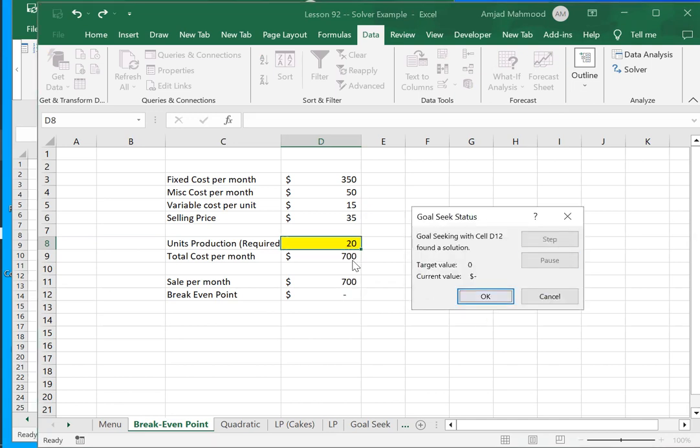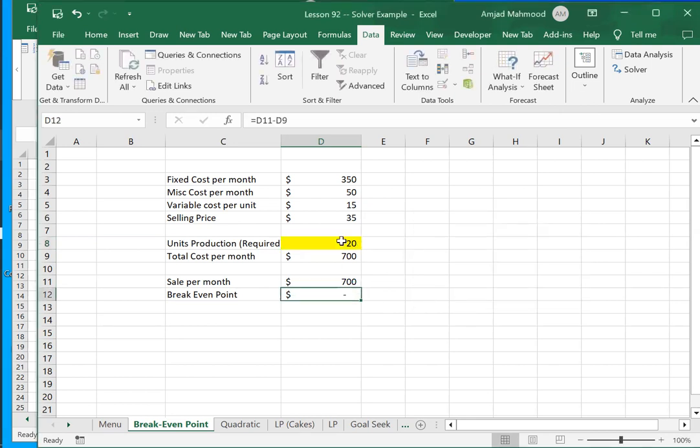As soon as it reaches 0, it stops. It says that in order to meet all your cost per month, you must have at least 20 units to sell, so that your sale and your cost meet, and that is your starting point. From there onwards, your journey for profitability will start.